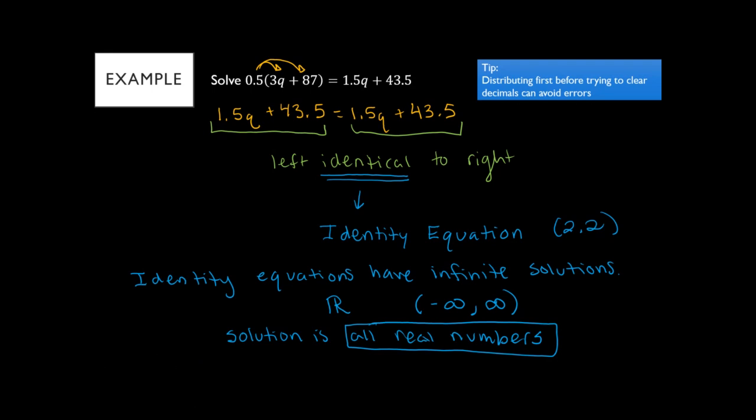So just an FYI there. So in this case, the advantage of distributing first meant we didn't even need to eliminate decimals because once we distributed, we saw that these things were identical, and it actually saved us from going further. So that's another reason why you may want to distribute first before you try to get rid of decimals.